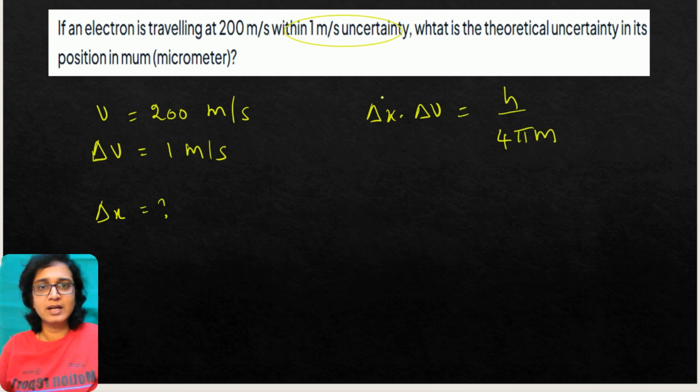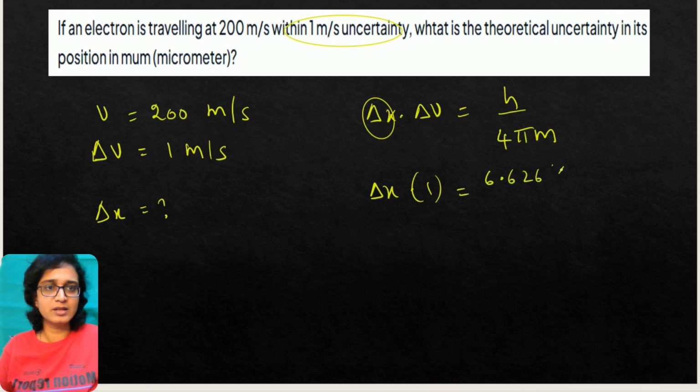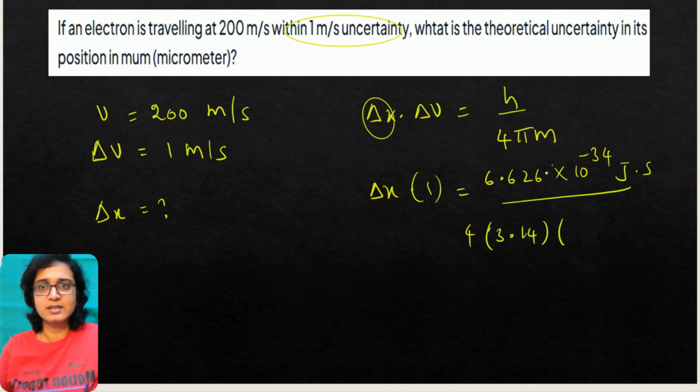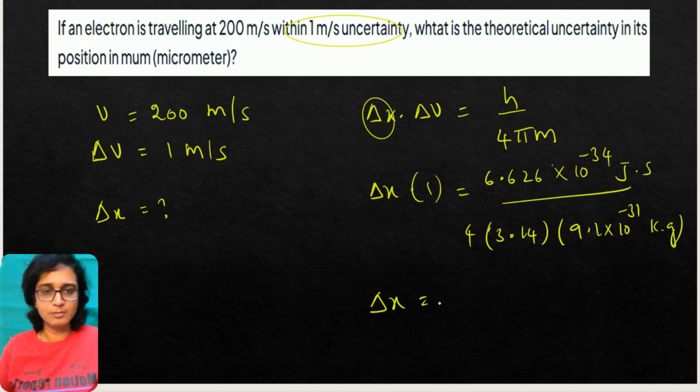Okay, delta x we have to calculate in terms of micrometer. Delta x into delta v, they gave directly 1 meter per second, 6.626 into 10 power minus 34 joule second divided by 4 into 3.14 into, this is an electron, so electron mass 9.1 into 10 power minus 31 kg we have to apply, so that delta x will be some 58 into 10 power minus 6 meters. You will get the answer.